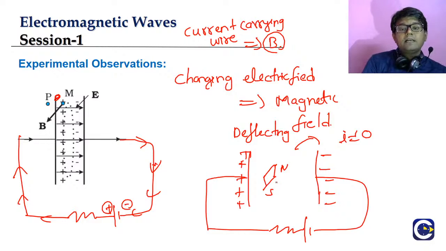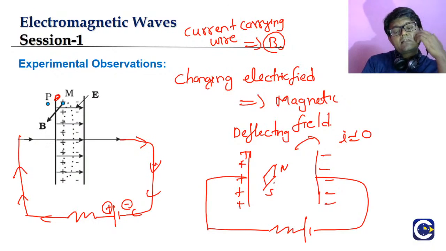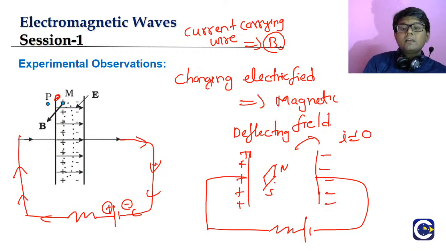That is the reason why this needle is deflecting. So this observation gave people the idea that a magnetic field can be produced even if there is no current passing through that region.